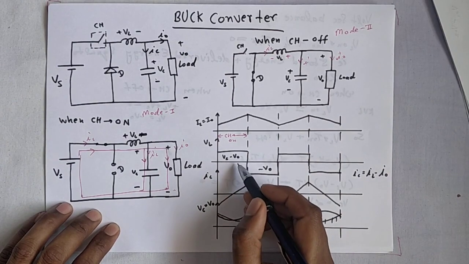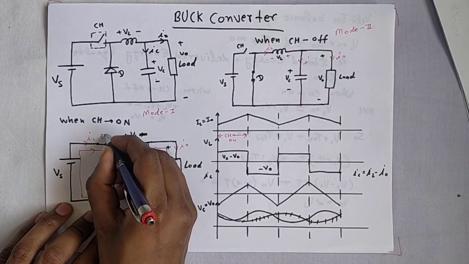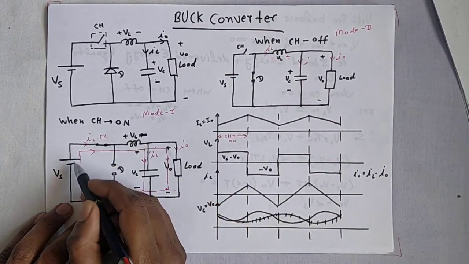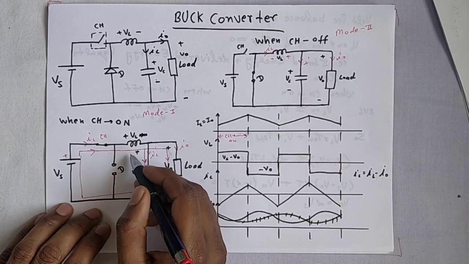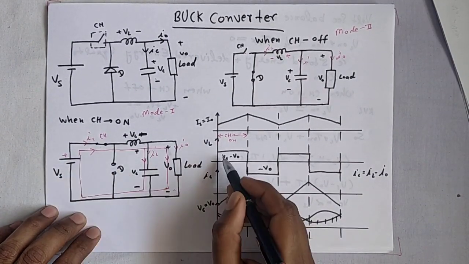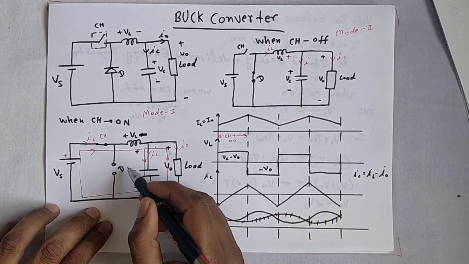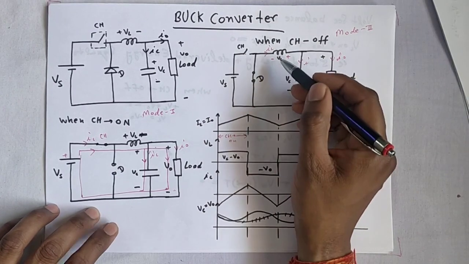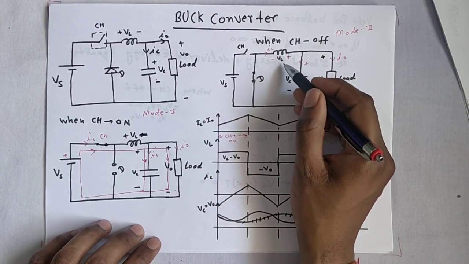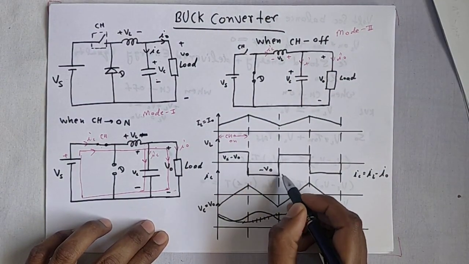This is the voltage across the inductor. When CH is on, the voltage across the inductor is the same as Vs, positive, like this. When CH is off, the inductor changes its polarity like this, so the voltage across the inductor is negative.